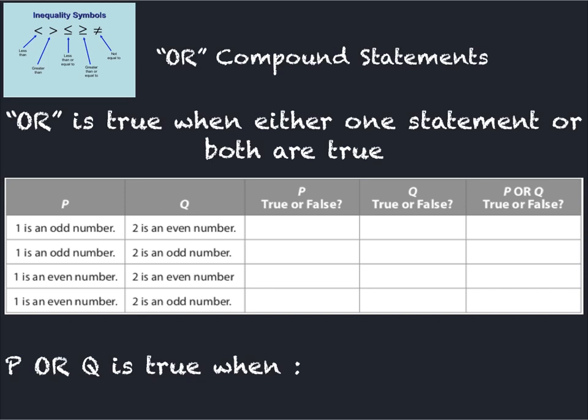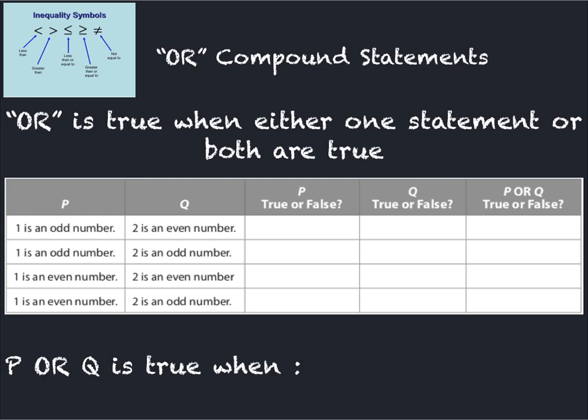Well, let's take a look at this chart. Here we have an or compound statement. Here we have a few statements that we've labeled P, and a few statements that we've labeled Q. When we're creating an or compound statement, we're combining two simple statements with the word or.